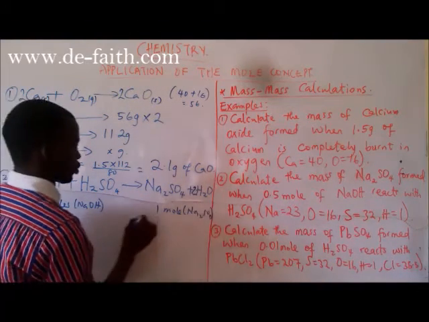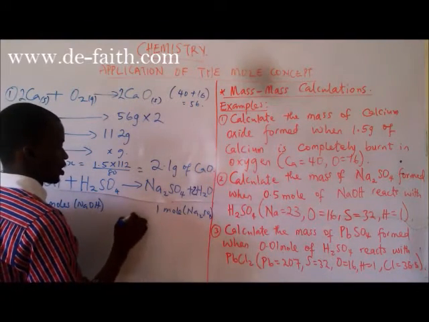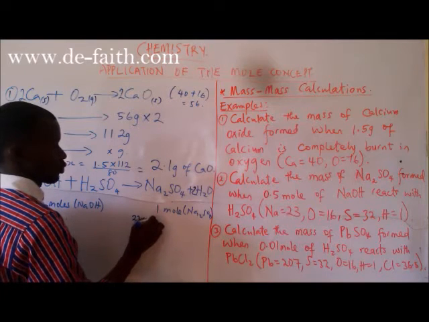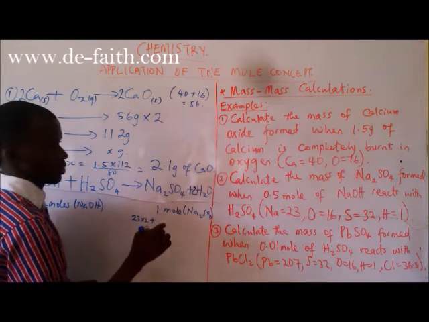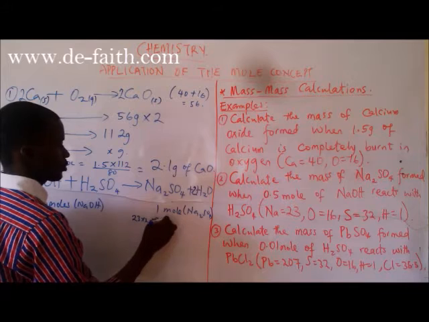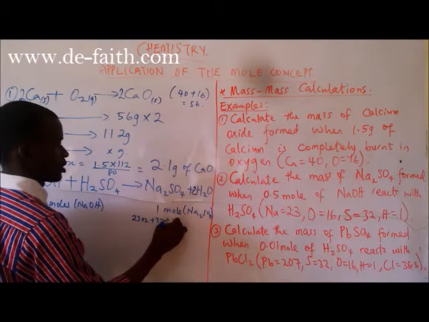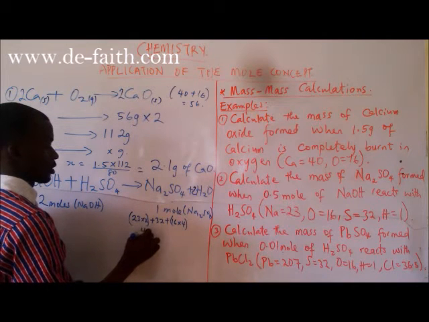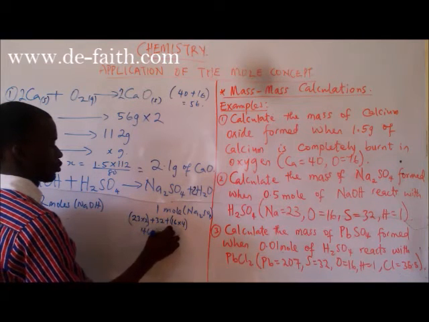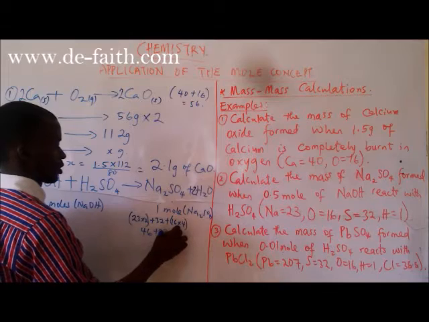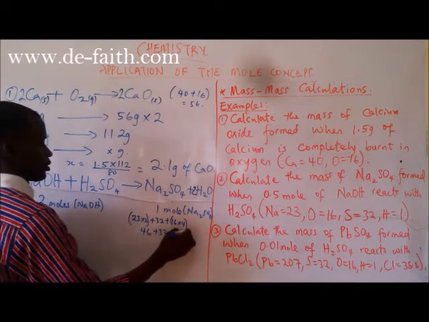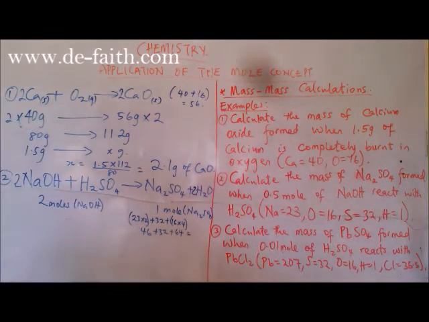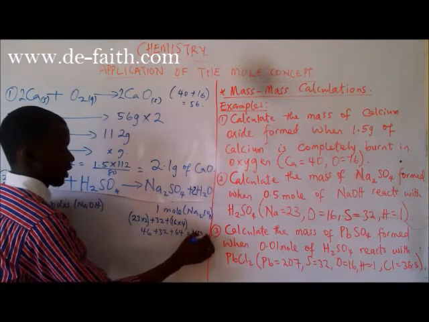We are told that sodium is 23, so we have 23 times 2 plus sulfur is 32, oxygen is 16 times 4. Here is 46 plus 32 plus 64. Therefore, the total will be 142 grams.